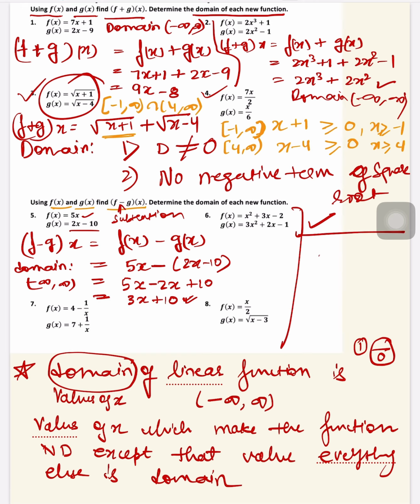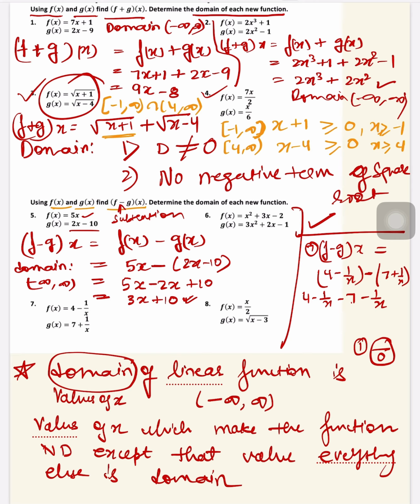So okay, 7th one, when we solve, f minus g(x) gives you 4 minus 1 over x minus, parenthesis, 7 plus 1 over x. That gives you 4 minus 1 over x minus 7 minus 1 over x.